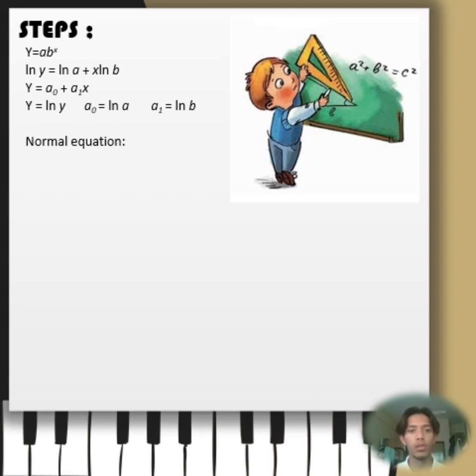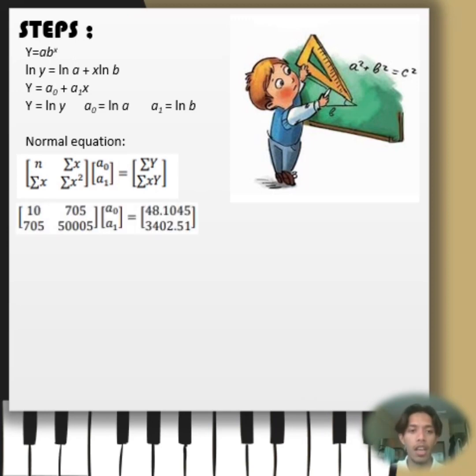We get y equal to a0 plus a1 x, where a0 equals ln A and a1 equals ln B. The normal equation for this step is a 2 by 2 system, where n is 10, summation of x is 705, summation of x squared is 5005, summation of ln y is 48.1045, and summation of x ln y is 3402.51.